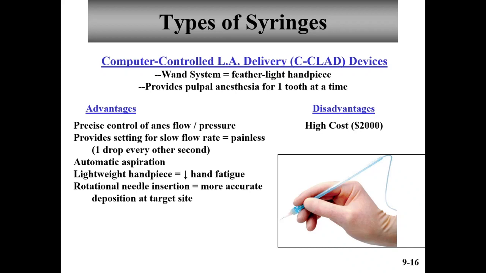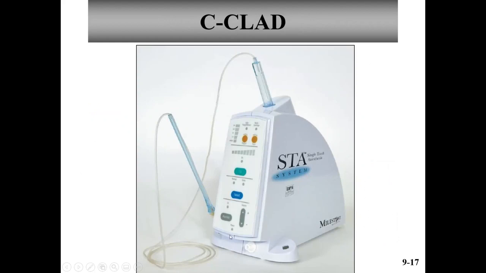And you're only injecting a tooth at a time. You actually rotate the needle into the bone, which allows you to have a more accurate deposition of the target site. So this is what it looks like. It's a wonderful tool, if you're fortunate enough to have it available in your office.